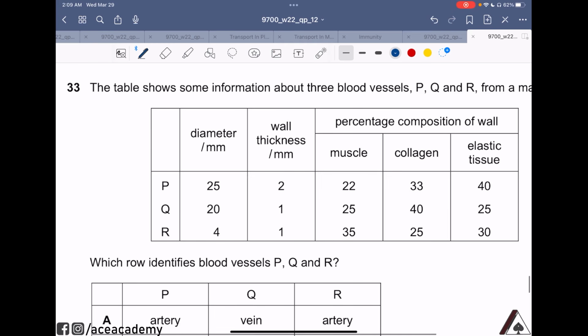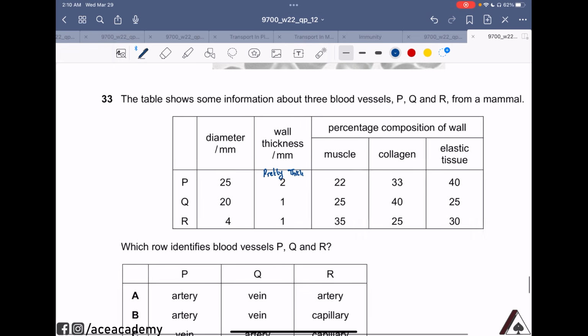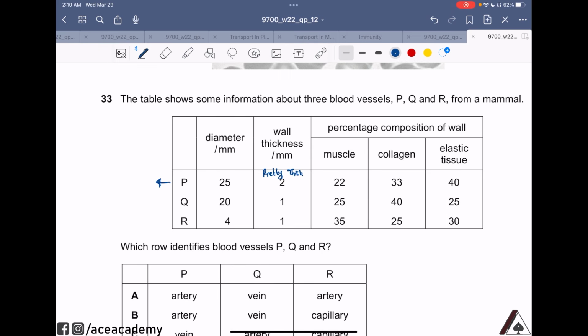So the wall thickness is pretty thick, and so this is an artery. On the other hand, diameter for Q is 20 millimeters, while the wall thickness is just 1 millimeter. So it must be a vein. And then R's diameter is just 4 millimeters, but the thickness is pretty high.